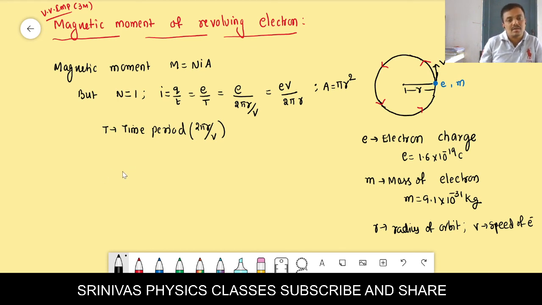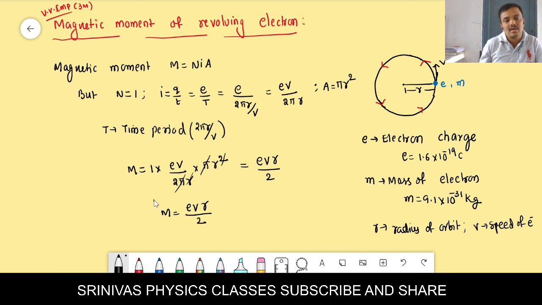Magnetic moment is N, which is 1, into I, which is ev by 2 pi r, into A, which is pi r square. Let us simplify: pi gets cancelled, r square cancels to r. Finally in the numerator evr will be there, in the denominator only 2. The magnetic moment of a revolving electron formula is evr by 2.